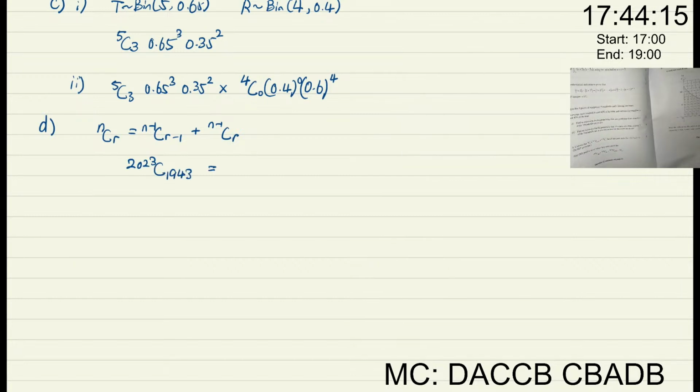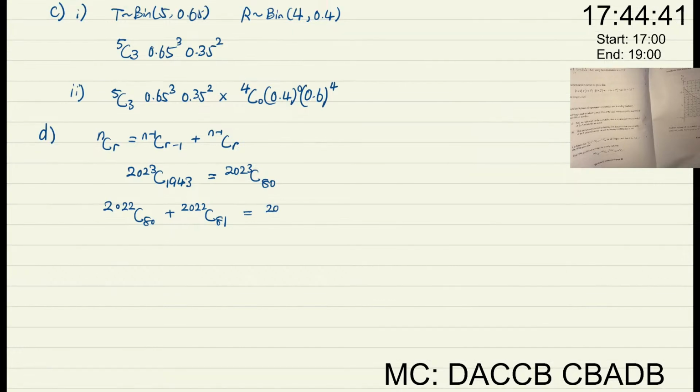It's because by the symmetry of Pascal's triangle, 2023 C 1943 equals 2023 choose 80, because the difference of those two numbers is 80. If we wrote all that out, the first 2 terms can be combined using the rule they gave us into 2023, because these act like n minus 1, so the next one up will be 2023.